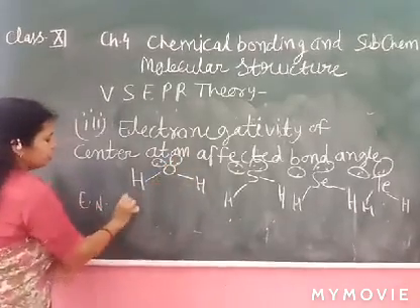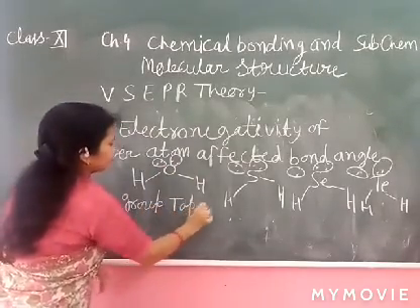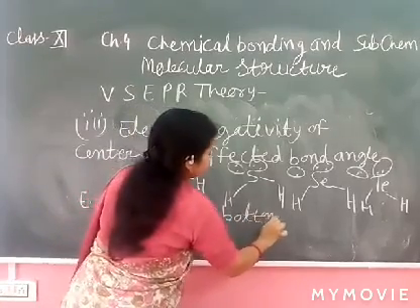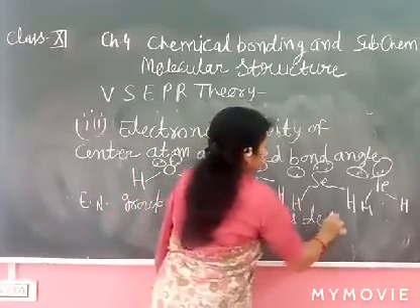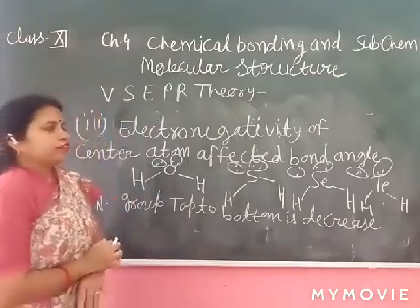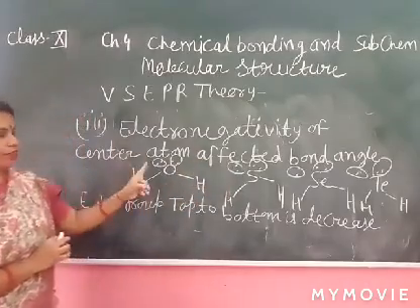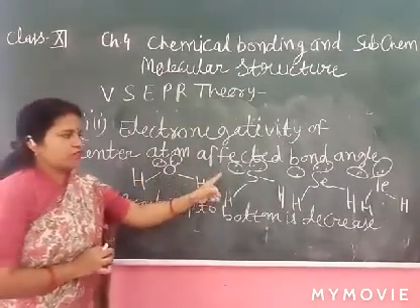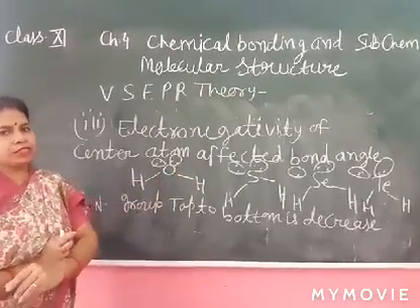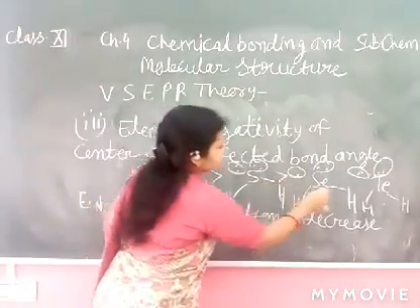In a group, electronegativity decreases from top to bottom. It means, oxygen, sulfur, selenium, tellurium: electronegativity is decreased and bond angle is also decreased.